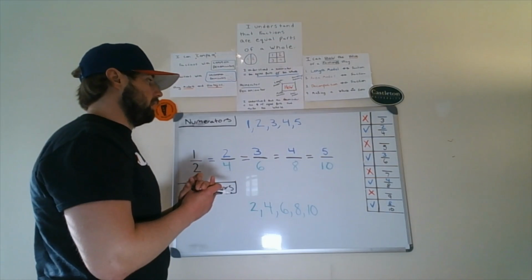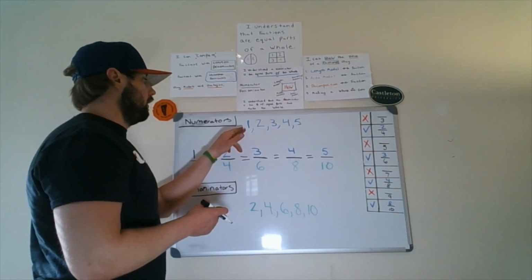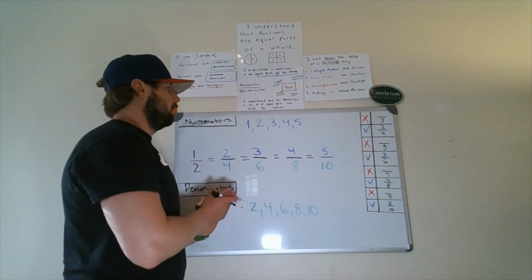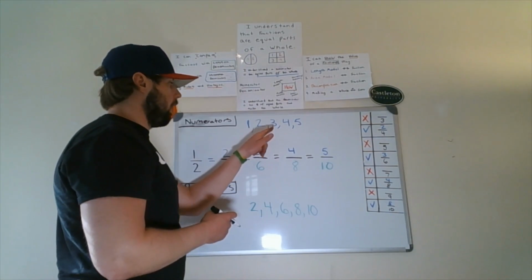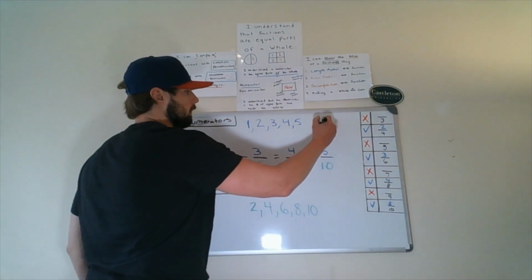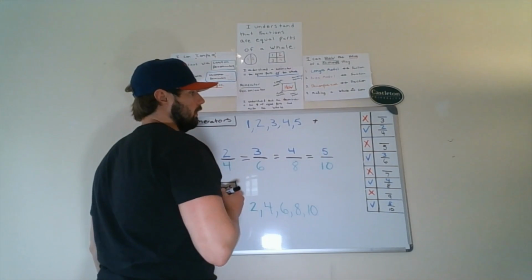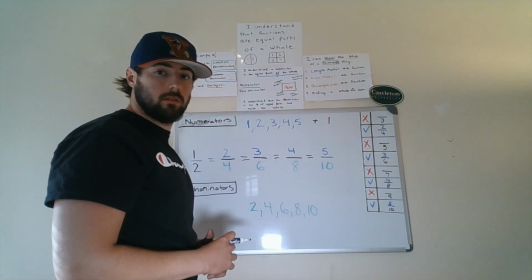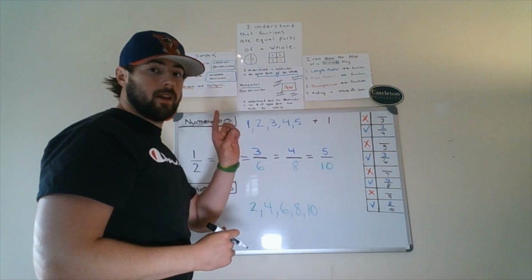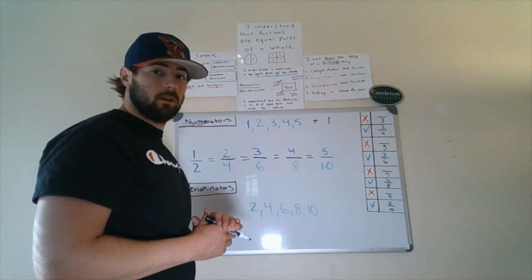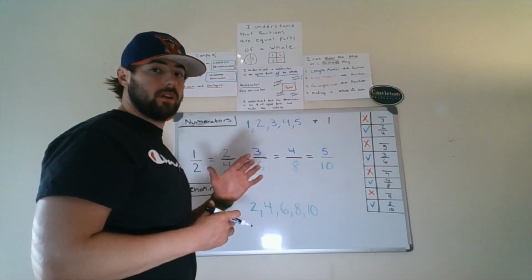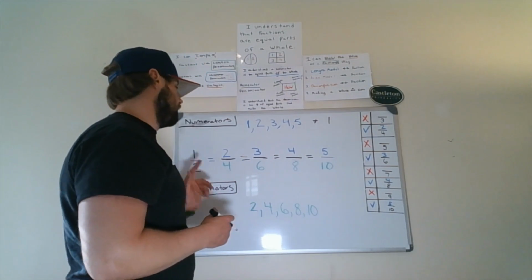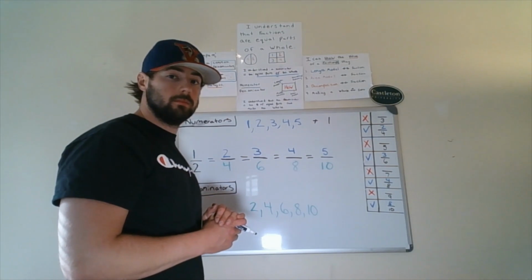As I mentioned, our numerators in blue seem to be going up by 1 part. They're having 1 part more every single time we have a fraction that is equivalent to 1/2.